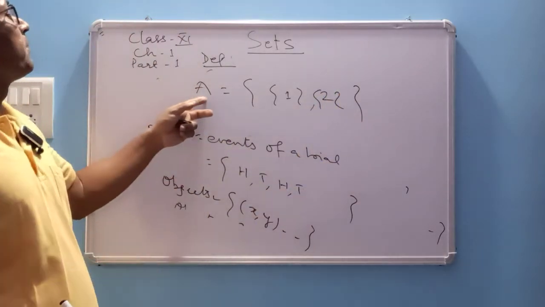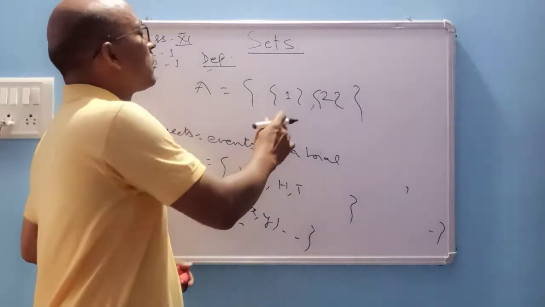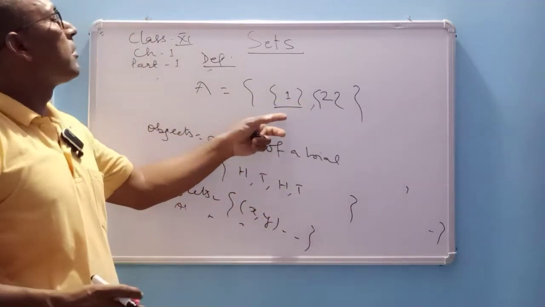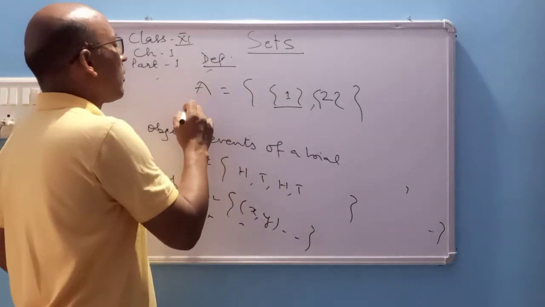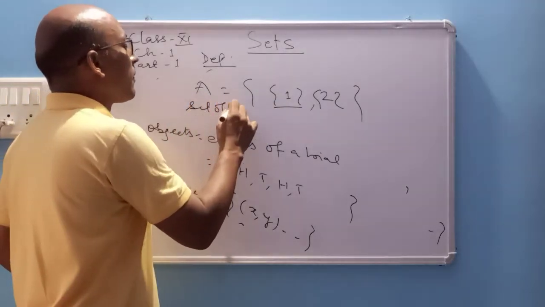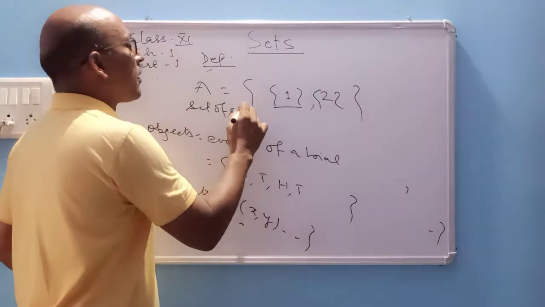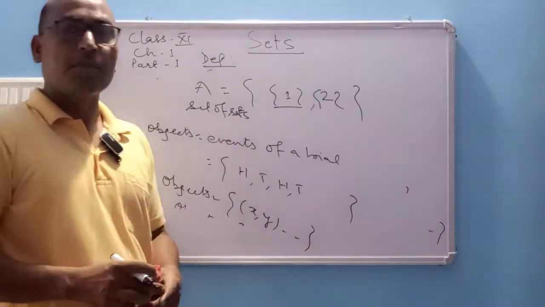In that case, the elements or objects of a set are themselves sets. This is called a set of sets.